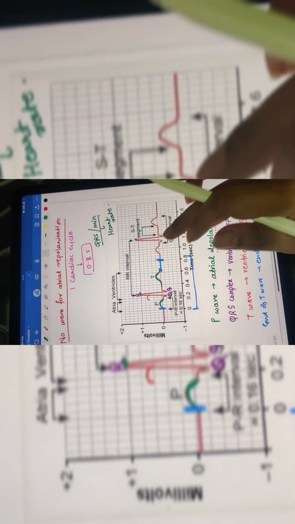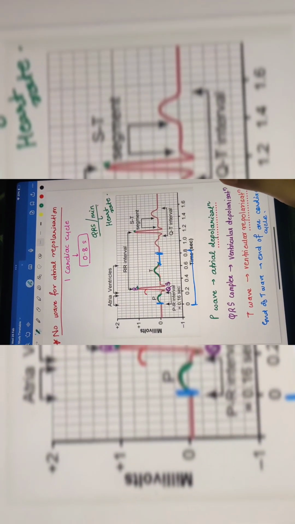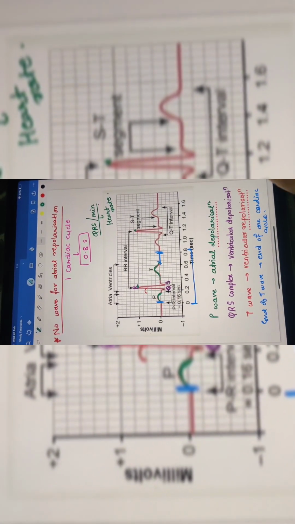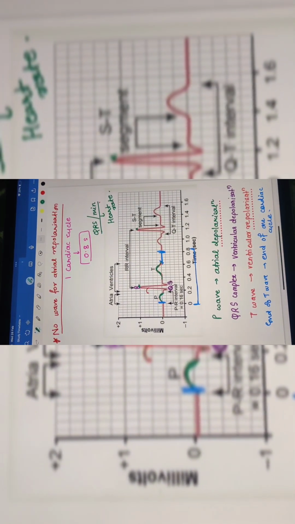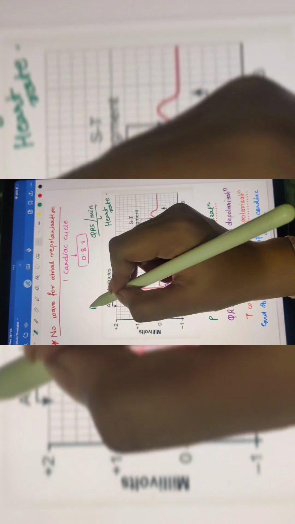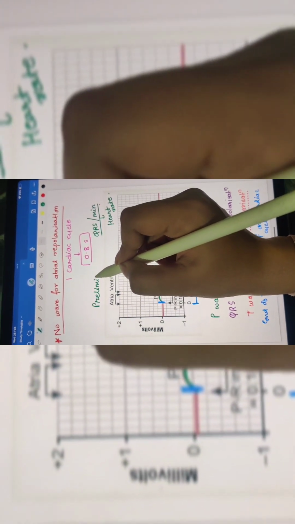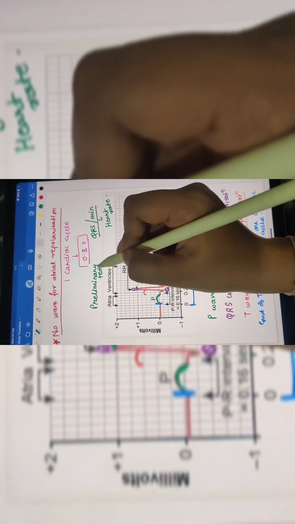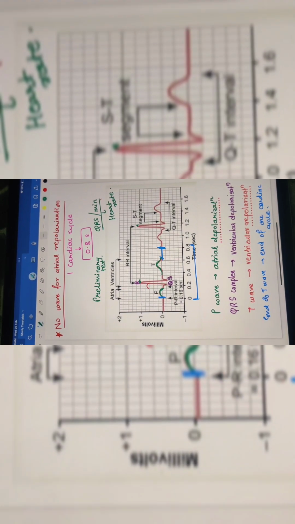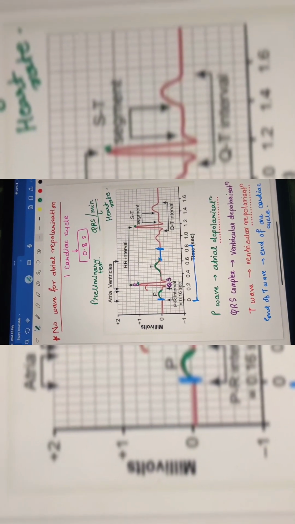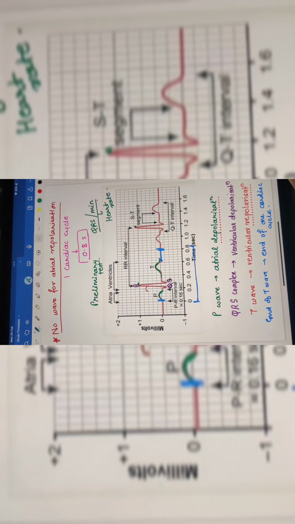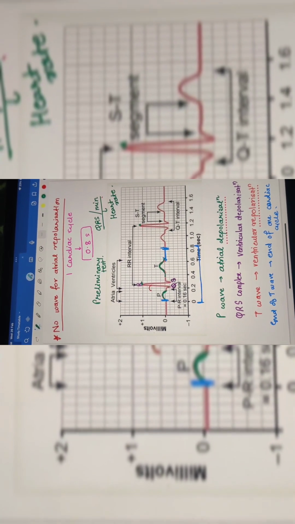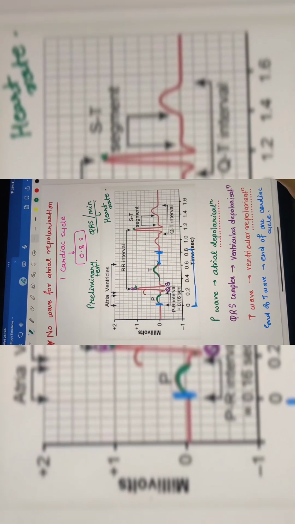Any abnormality in this ECG should be further diagnosed, because this is a preliminary test. It just talks about the electrical activity, whether the heart chambers are properly contracted or relaxed. That's it.